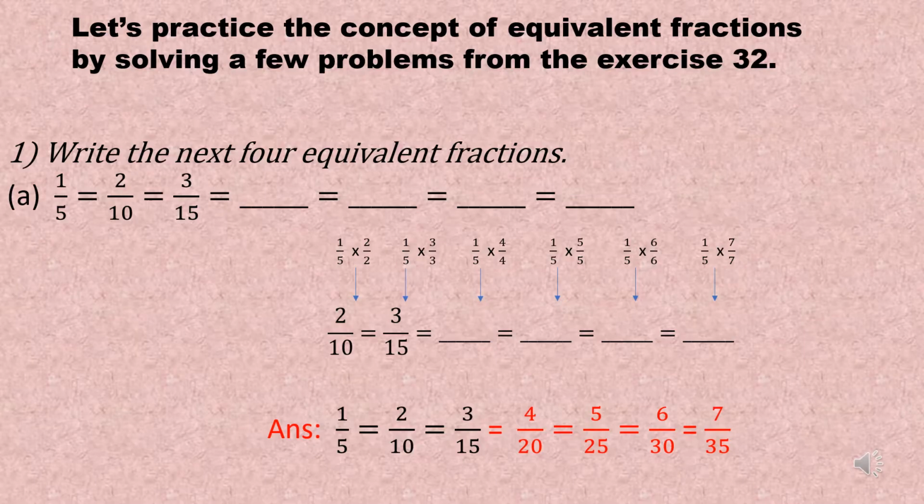Write the next 4 equivalent fractions. 1 by 5 is equal to 2 by 10 is equal to 3 by 15 is equal to dash. The numerator and the denominator of 1 by 5 is multiplied by 2 to get the next equivalent fraction 2 by 10.